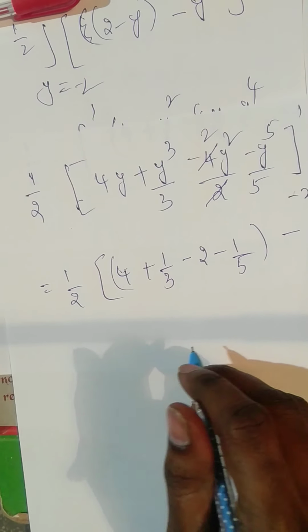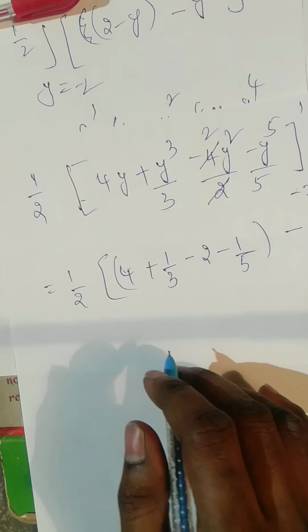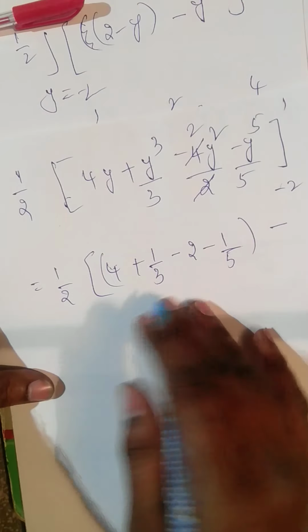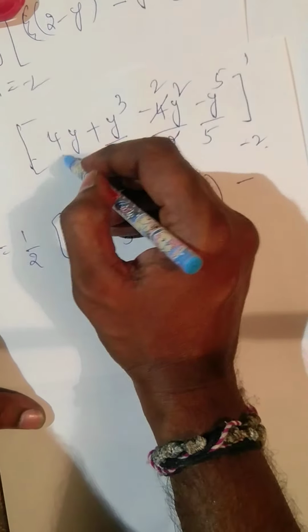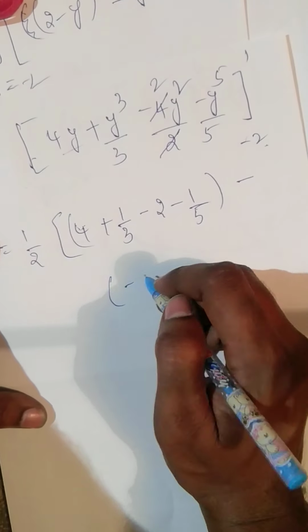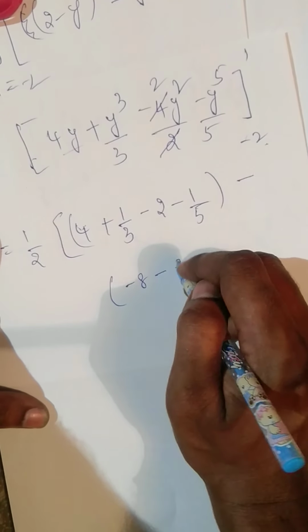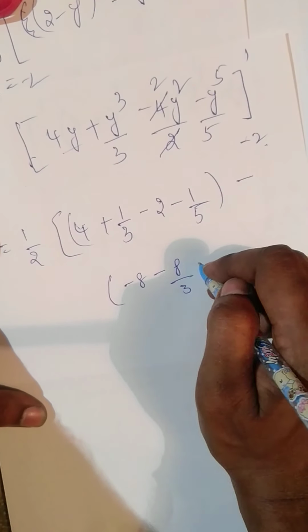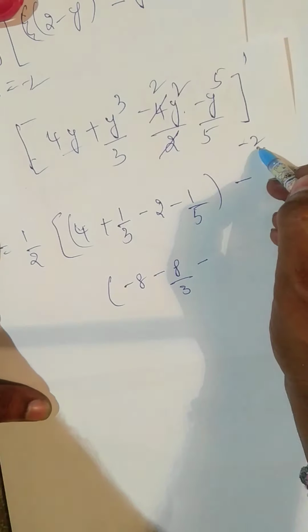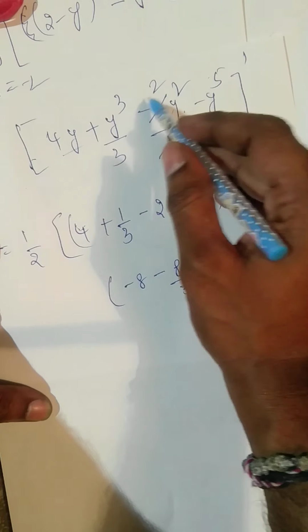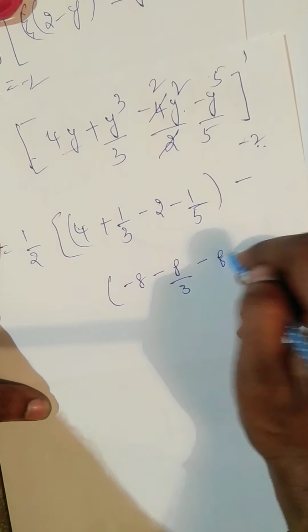Minus, if you take the lower limit, you put minus 2, right? 4 times minus 2 is minus 8, minus 8 by 3. So y square, y minus 2 whole square is plus 4, 4 times 2 is 8, again you will get minus 8.